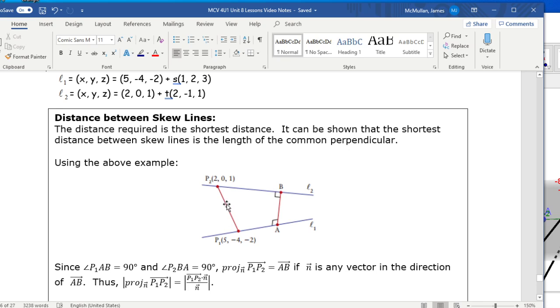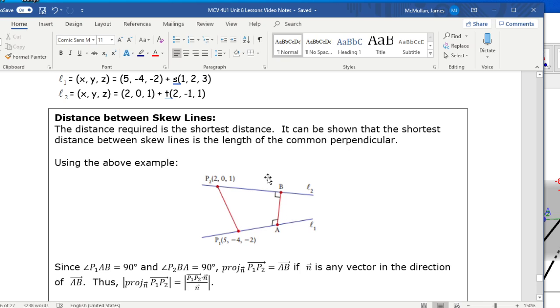And what that would do is ask how far, if you cast a shadow from these two points onto the normal, how far along that normal would the shadow go?